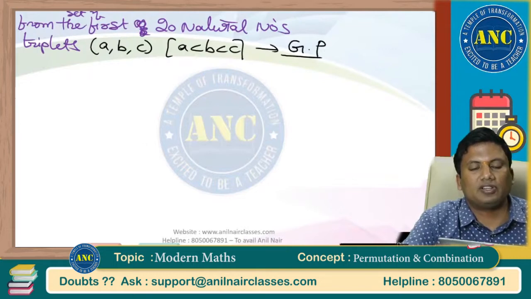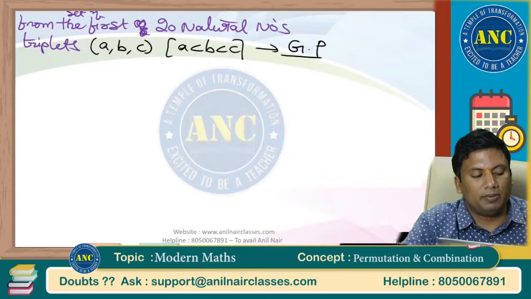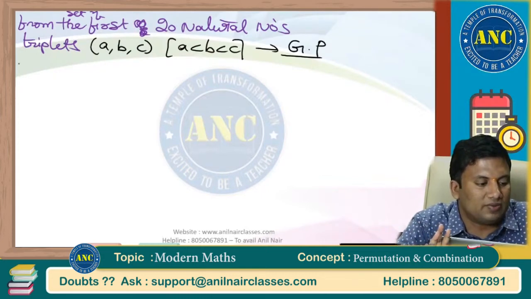From the set of first 20 natural numbers, how many triplets can be chosen such that they are in geometric progression? 2 cases we have to do.